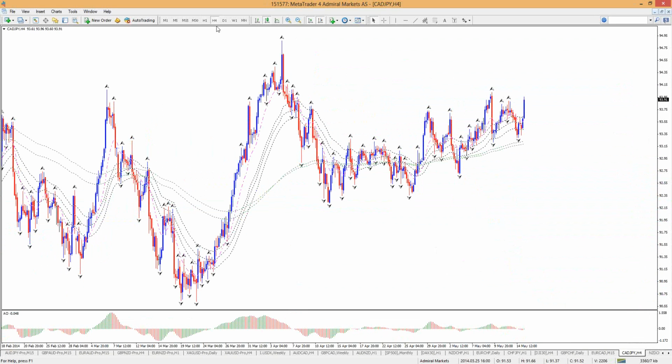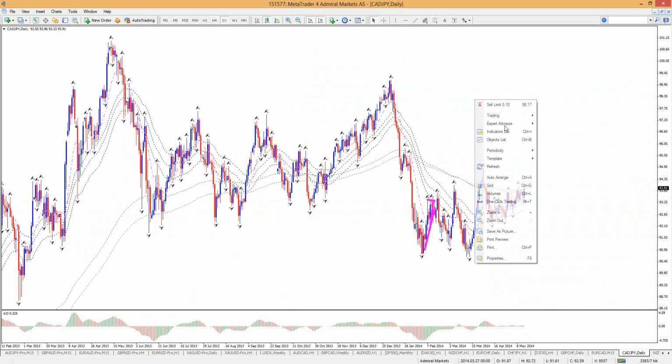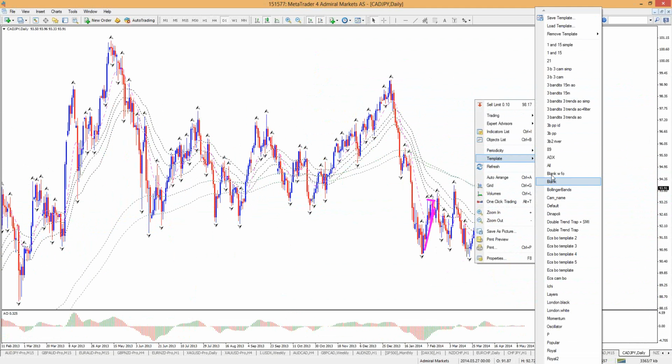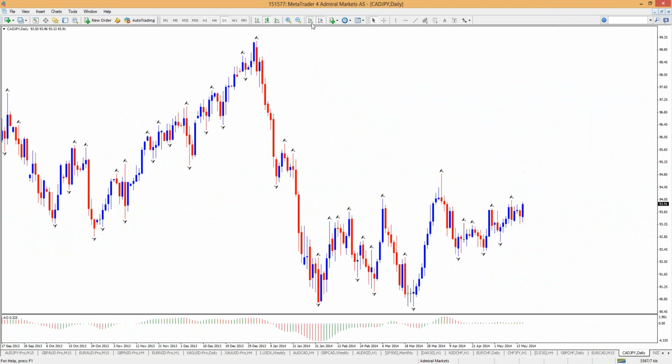Well, let's see, daily chart. Let me put on my other template here. Seems a bit of a funny cocktail in a way, a lot of choppiness here, a lot of big volatility up and down.